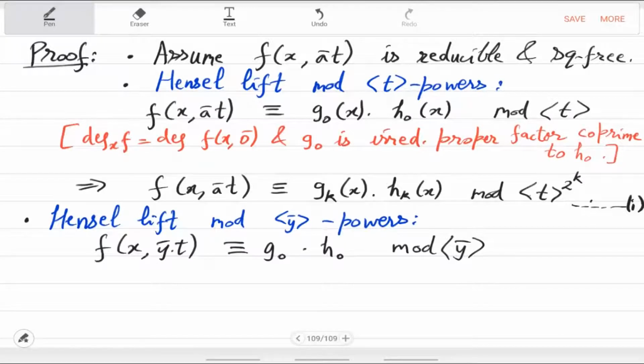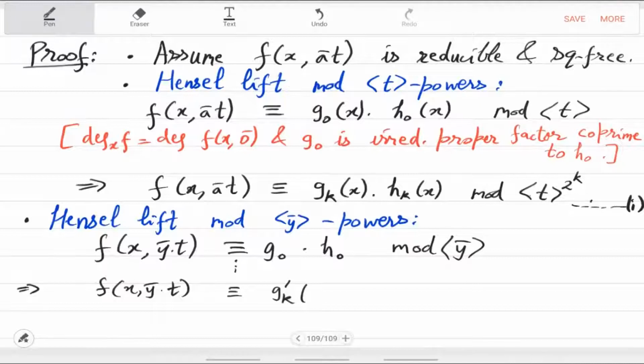And then when you do Hensel lifting, what you will get is, let's say gk prime, which is a polynomial in everything, right?